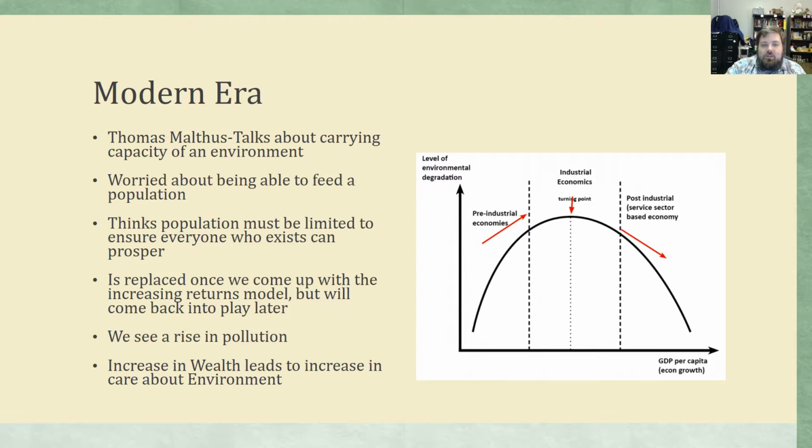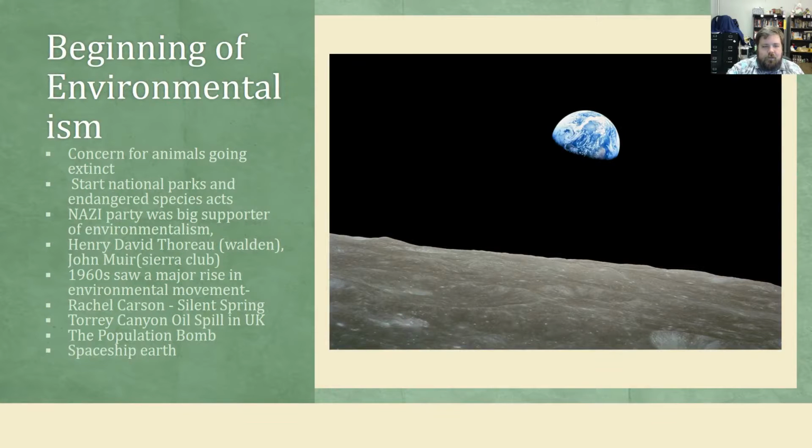So by the turn of the 20th century, by kind of the 19-teens, 1920s, we start to see a heavy emergence of an environmental movement. So let's talk about, politically speaking, how the environmental movement came to be. So we see at the beginning of the 20th century a big concern for animals starting to go extinct.